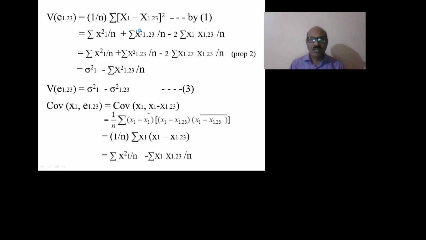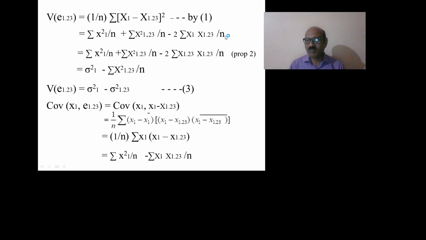Now I will expand this square and divide by n for each term. So this square means summation of x1 square divided by n, plus summation of x1.23 square divided by n, and the product of these two with minus sign, 2 times summation of x1 into x1.23 by n.